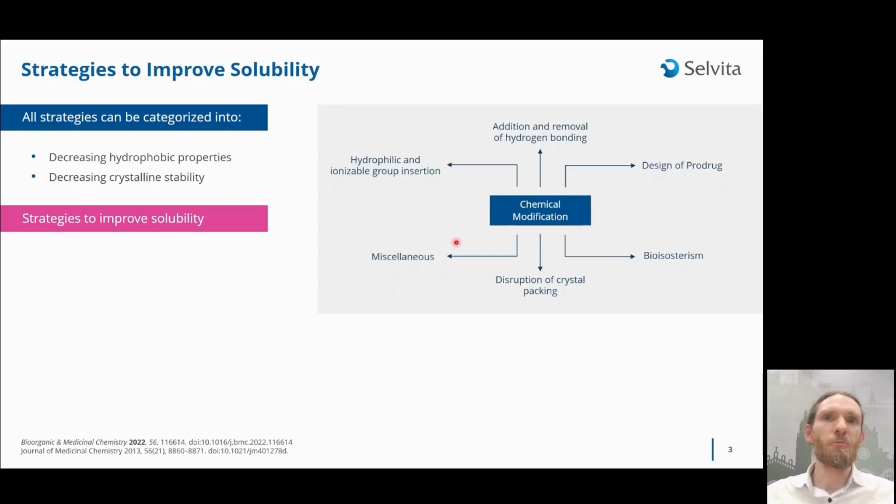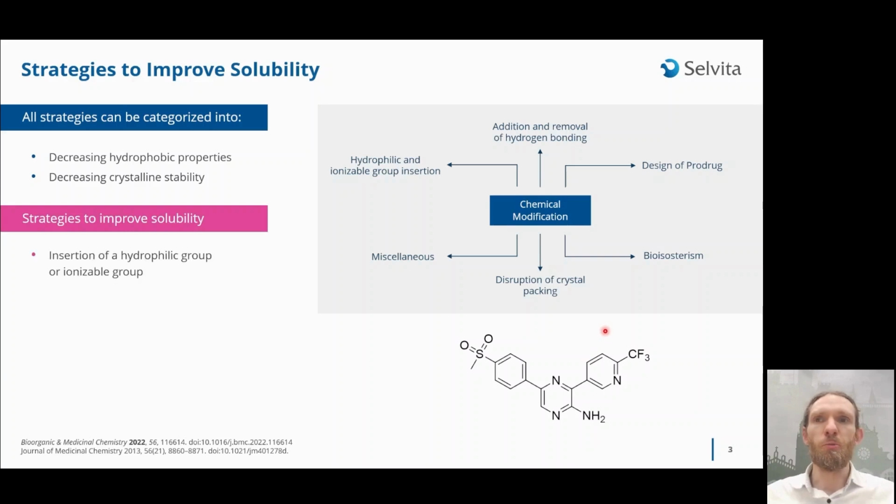And these ways could be divided into insertion of a hydrophilic or ionizable group, addition or removal of hydrogen bonding, designing a prodrug, bioisosterism, destruction of crystal packing, and miscellaneous ways like mixing one and another. This will be our model structure that will be used at the initial part of the presentation to exemplify these different ways to improve solubility.